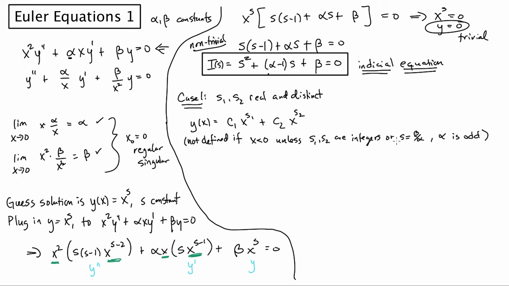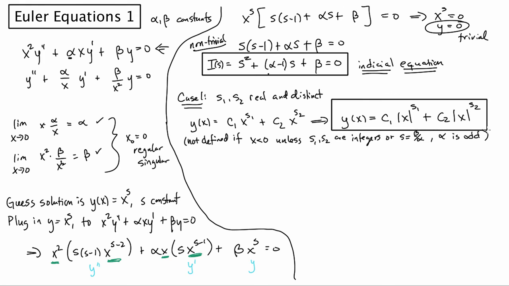So for certain values of x, these things are going to be undefined depending on what s1 and s2 are. Well, the way that we get around that is we actually define the solution to be the absolute value of x, so that it's well defined for all possible inputs. So case 1, Euler equation, there is your general solution.